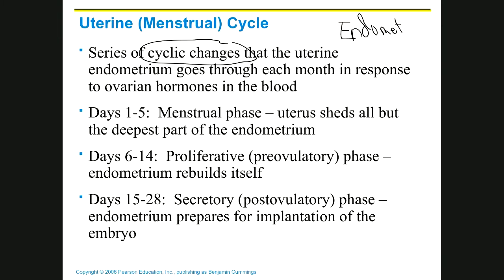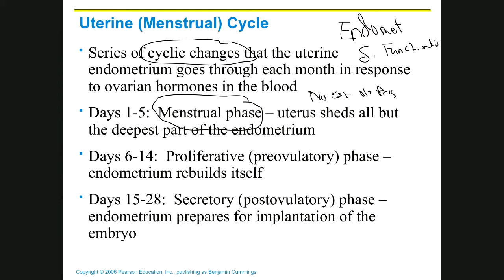There was a stratum basalis, but there was also a stratum functionalis. And that stratum functionalis goes through this cycle based on these hormones. When there's no estrogen and no progesterone, it sheds off. So we get menstruation.